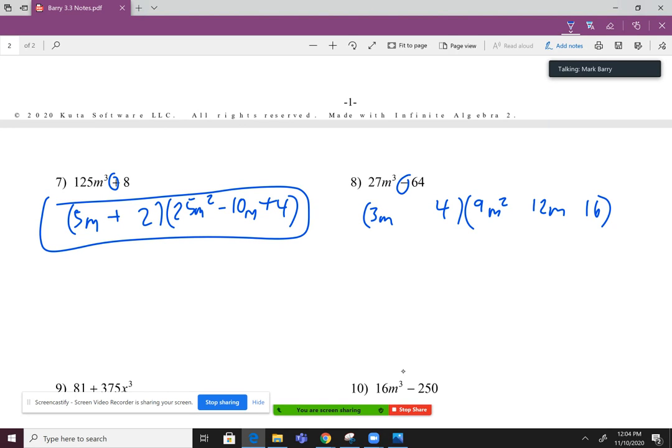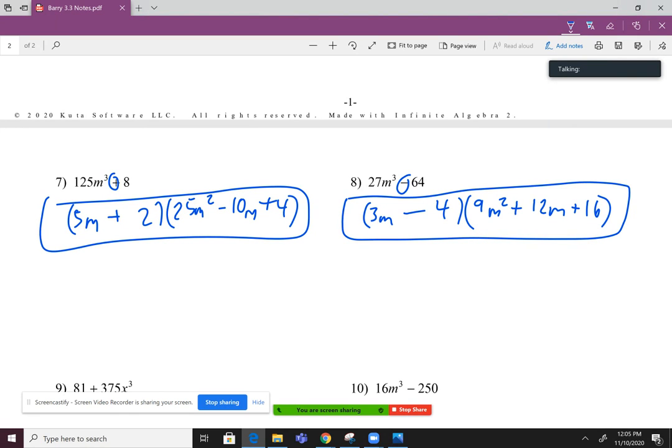Lastly, for the signs, I got a minus here, so I'm going to go same, opposite, always positive. Cool.